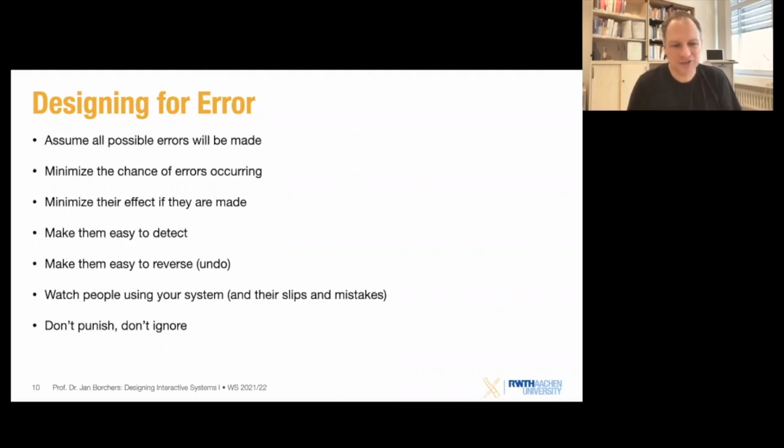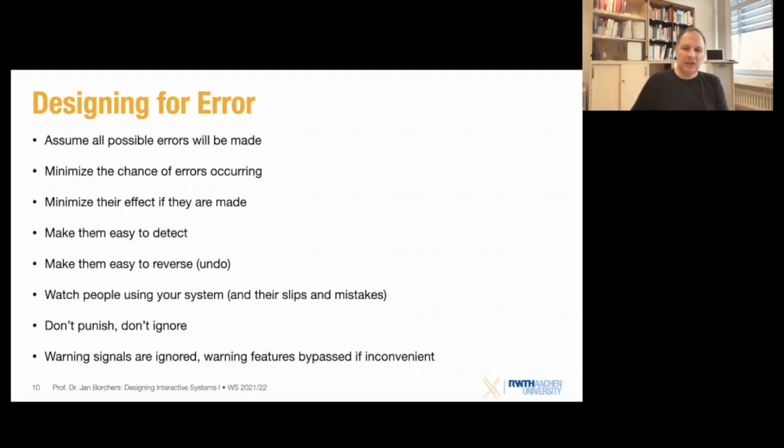I can tell you one very easy way to detect emotion: if your software pops up an error dialog, you can be sure that the user is peeved, not happy. You can assume that. Also, warning signals and warning features are often bypassed or ignored if they're inconvenient.